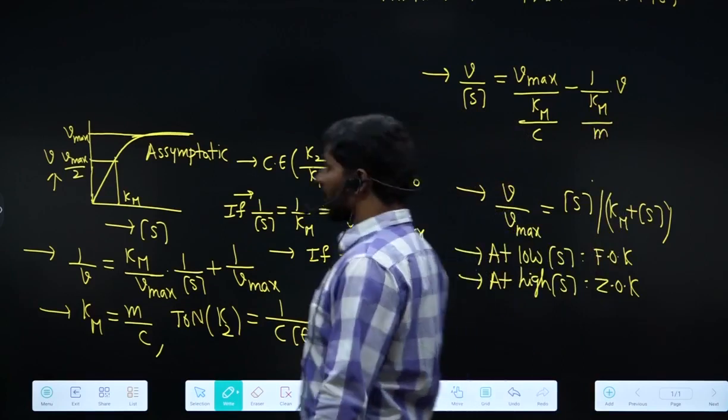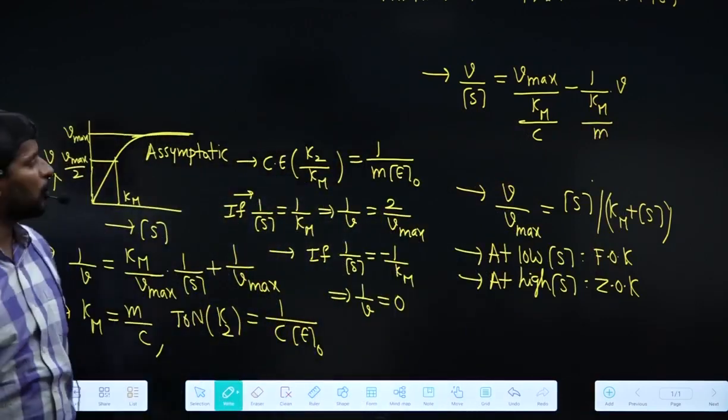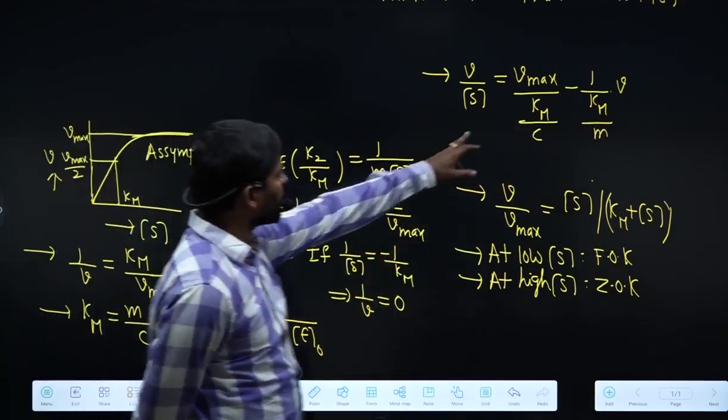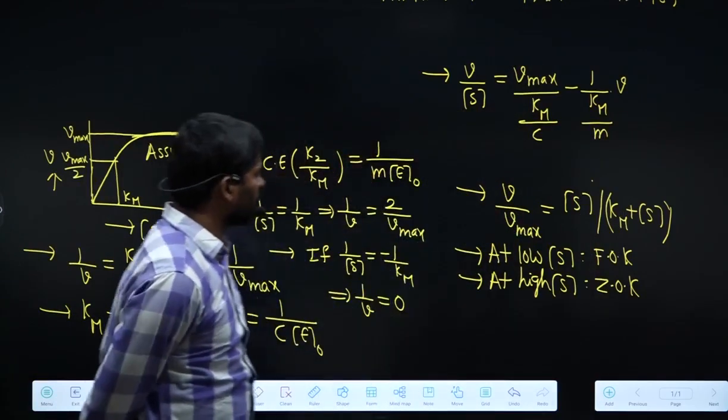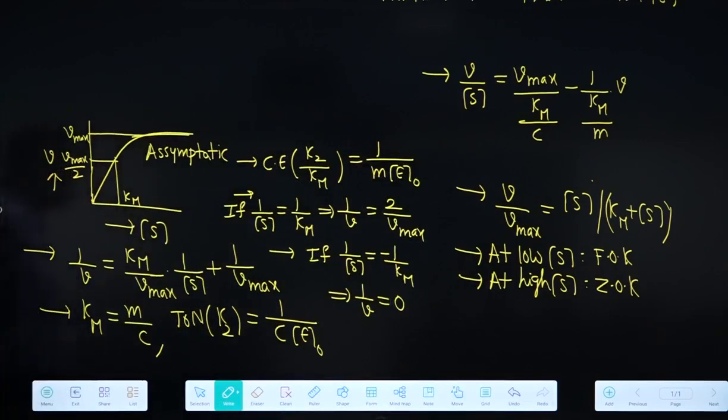Slope is equal to minus 1 by Km, so from slope we will get Km. If you substitute that here, we can calculate V max. So these are some of the points you have to remember regarding enzyme catalysis.